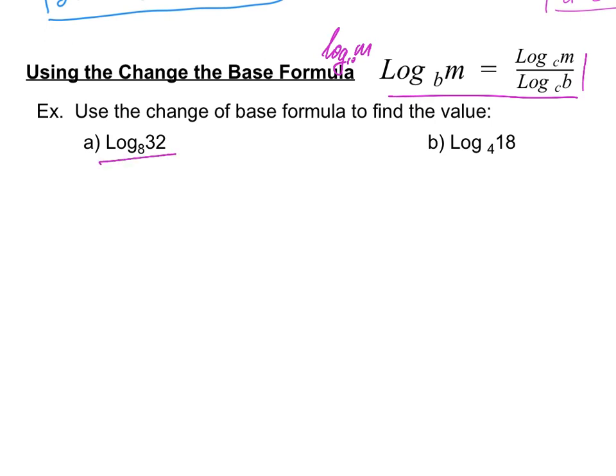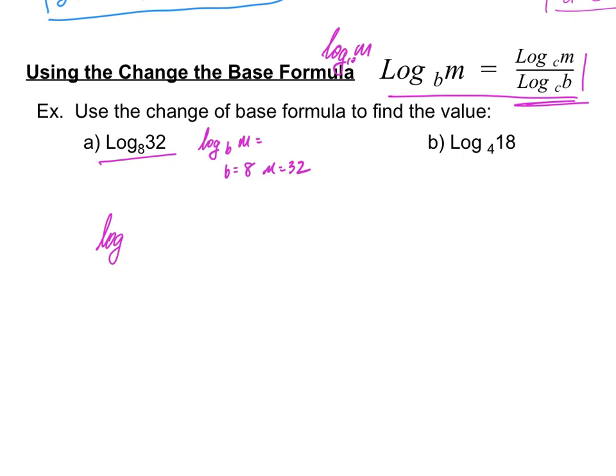So simply using the change of base, again, we have the log base b of m equals, well, in this example, b equals 8 and m equals 32, so we can just substitute in here. And I could have the log now of base c. C is any value we pick.